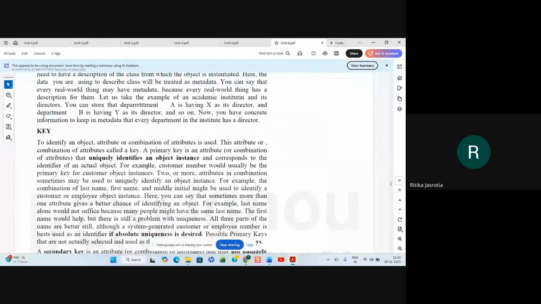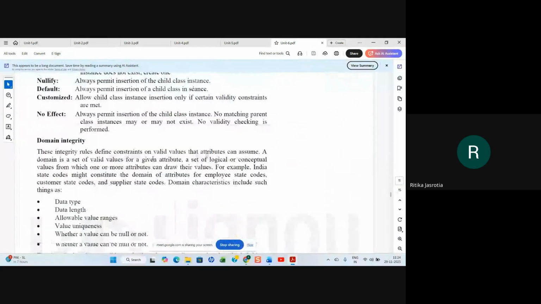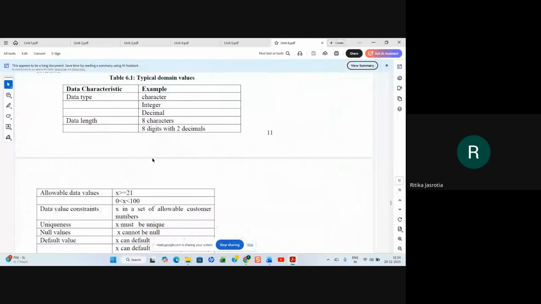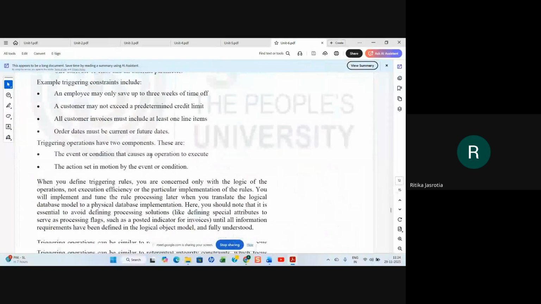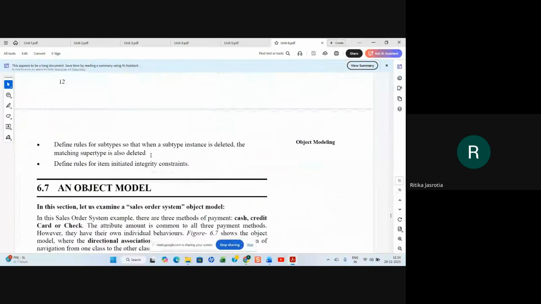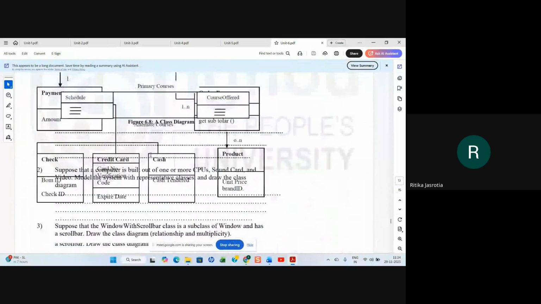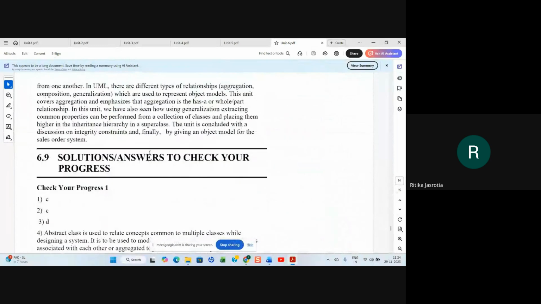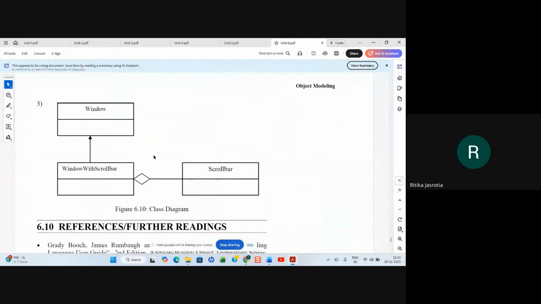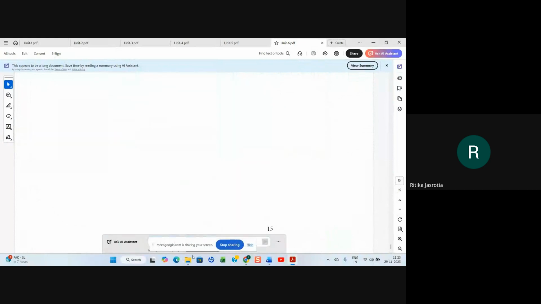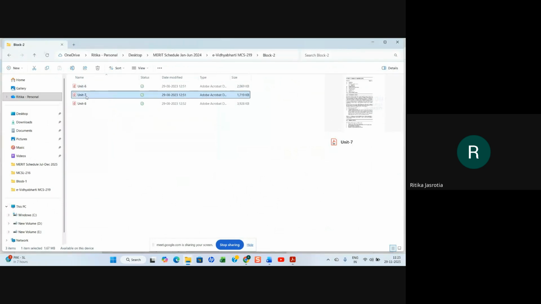Metadata and keys, integrity constraint, domain integrity and trigger operation integrity rules, object model. Okay, in this also one-to-one relationship is not there.